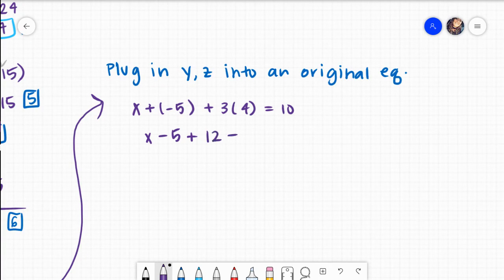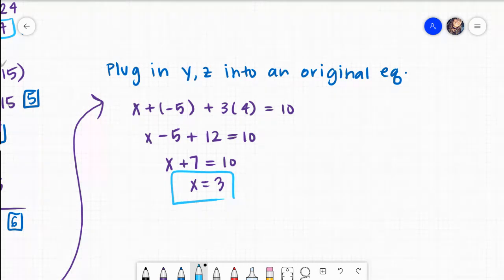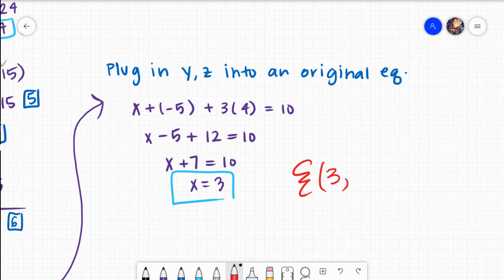Signs are the same, so it's positive, equals 10. I've got a 5 and a 12. Those signs are different, so you subtract and keep the sign of the larger, equals 10. Move your 7 over. I get that x equals 3. And so what I end up getting for my ordered triple is that my x is 3, my y is negative 5, and my z is 4.